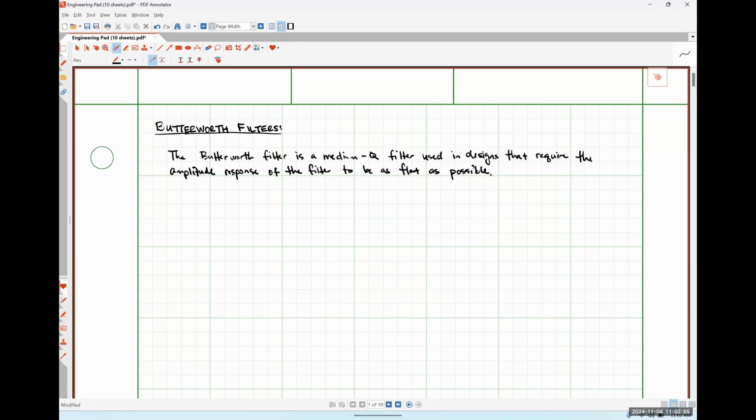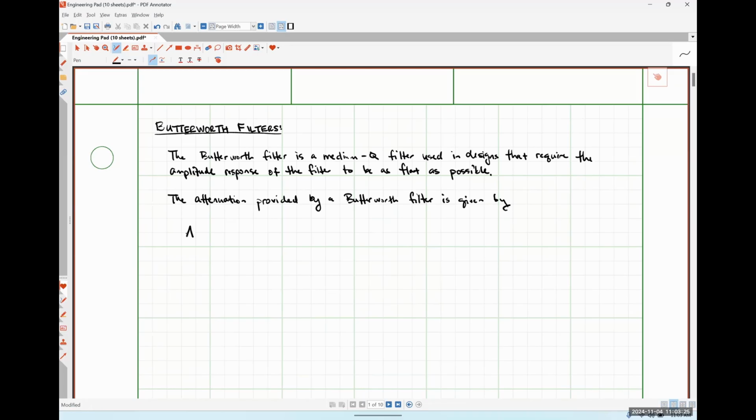so the attenuation provided by a Butterworth filter, excuse me, is given by the following relationship.